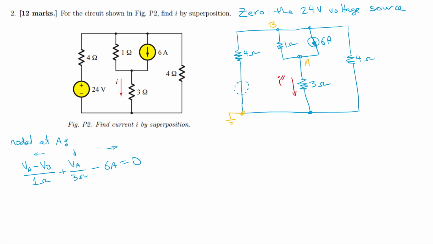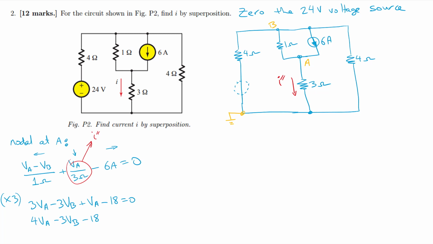And then going down, I have VA divided by 3 ohms, okay? That's current. And then going to the right, I have minus 6 amps, okay? Because the current source is flowing into the node, okay? And that's equal to 0. So then I notice that my middle term, VA divided by 3, is actually my I double prime. Okay, so I'm just keeping track of that.